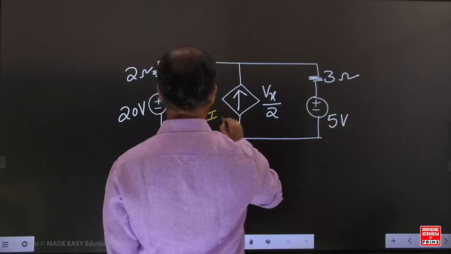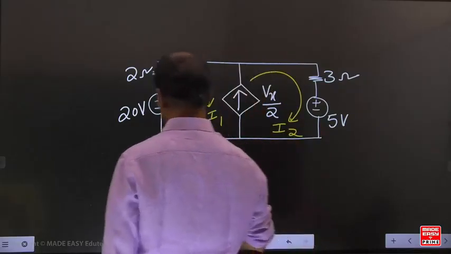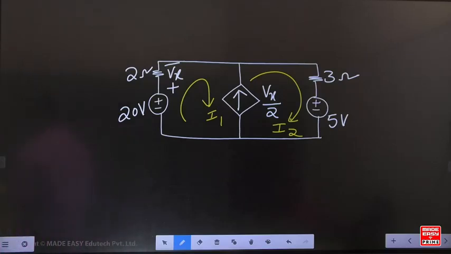Find the loop currents of the network shown.